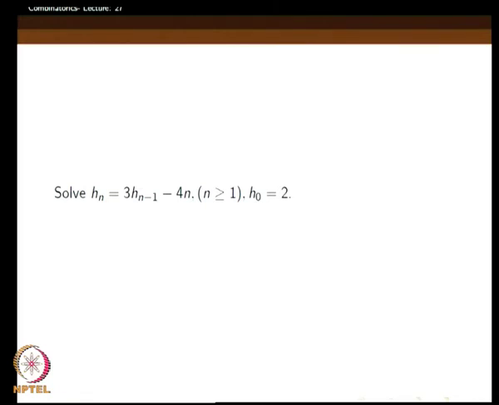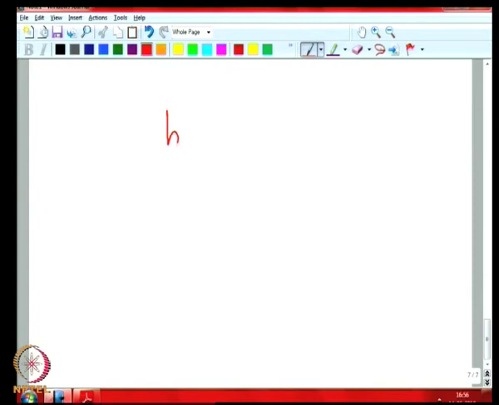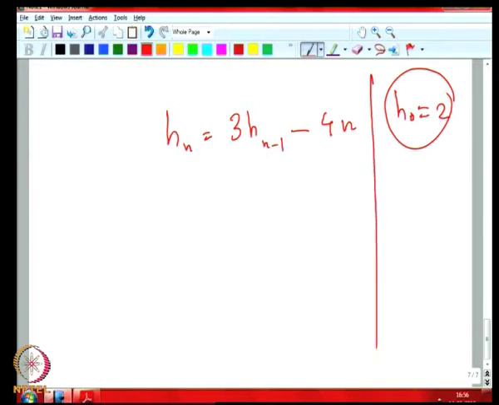So this is the recurrence relation, Hn equal to 3 times Hn minus 1 minus 4n, and we have H0 equal to 2 for our initial condition.